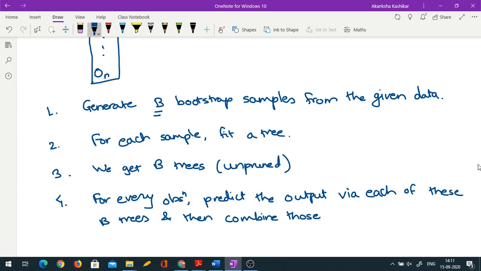Combine, which is nothing but aggregate, those outputs to get the final prediction.